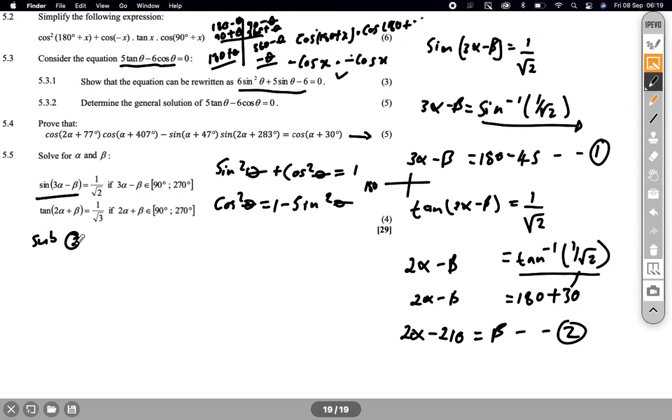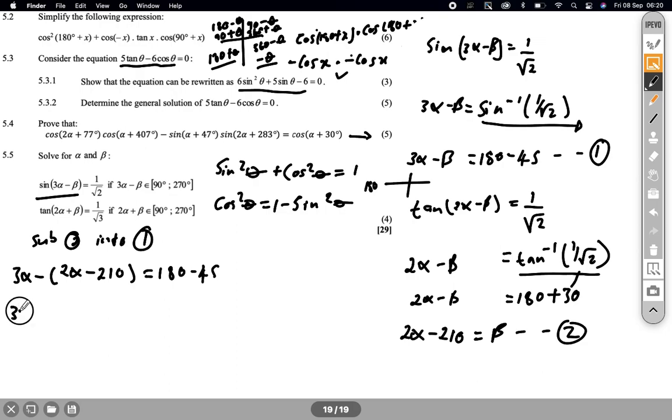Sub 2 into 1. Okay, so wherever there's beta in the first equation, we're going to substitute 2 alpha minus 210. So 3 alpha minus, 2 alpha minus 210 equals 180 minus 45.